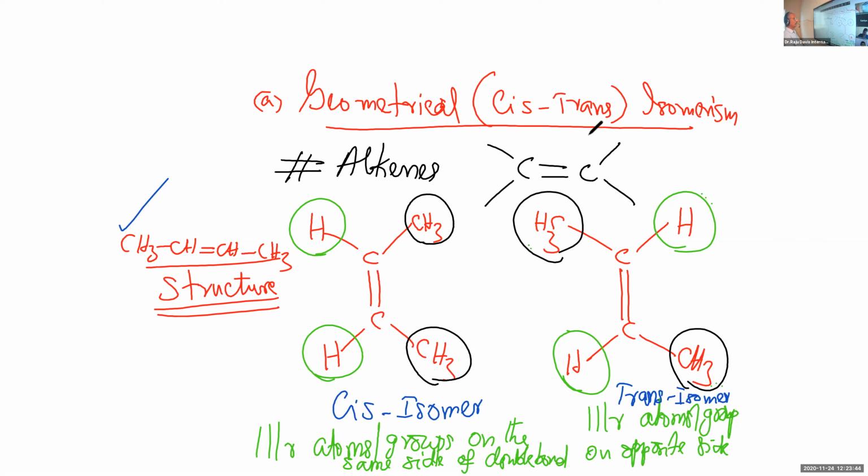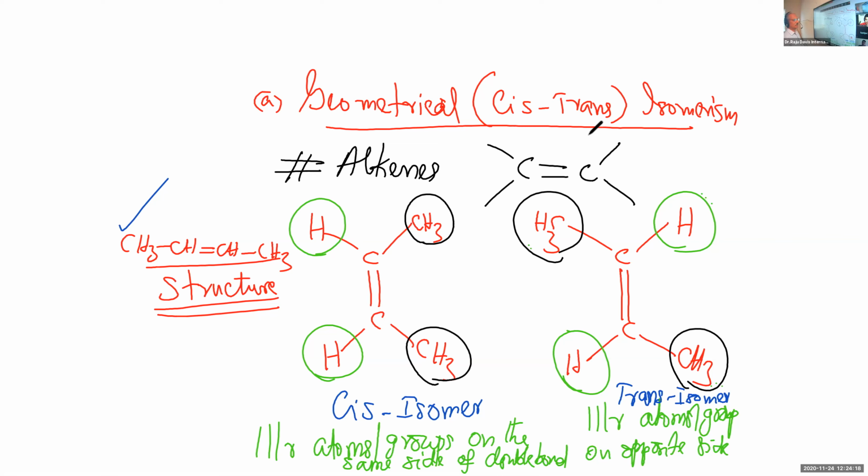The spatial arrangements are different. If similar atoms or groups are on the same side of the double bond, it is called the cis isomer. If they are on opposite sides of the double bond, it is called the trans isomer. This type of isomerism is called geometrical isomerism or cis trans isomerism.